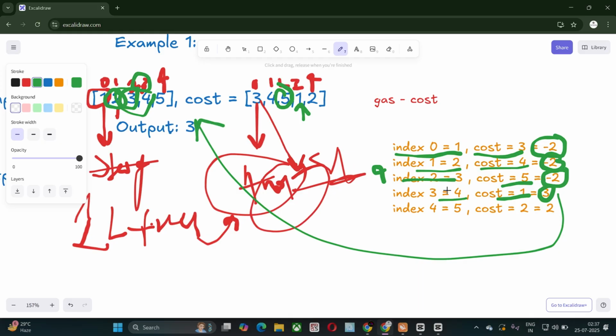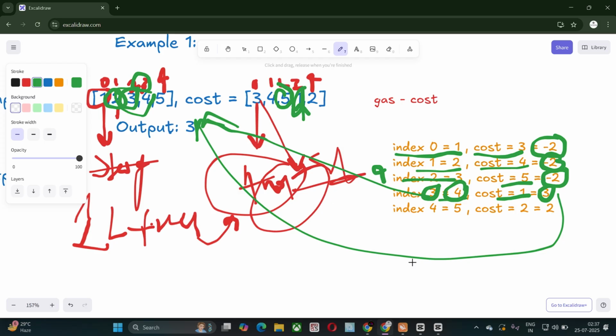Here you can see at index 3 we have gas equal to 4 and required cost equal to 1. So 4 minus 1 equals 3, which means we have more than sufficient gas to arrive at the next station. So index 3 is our output.